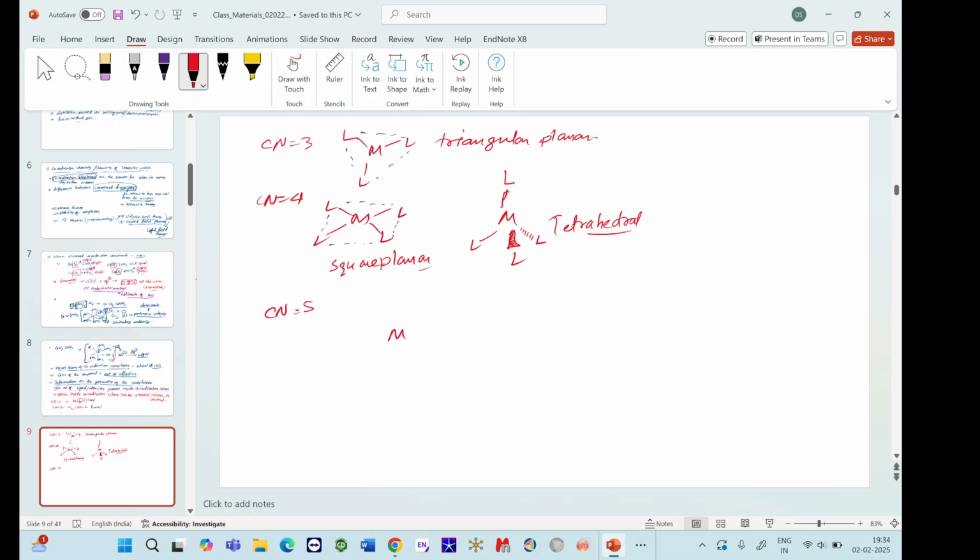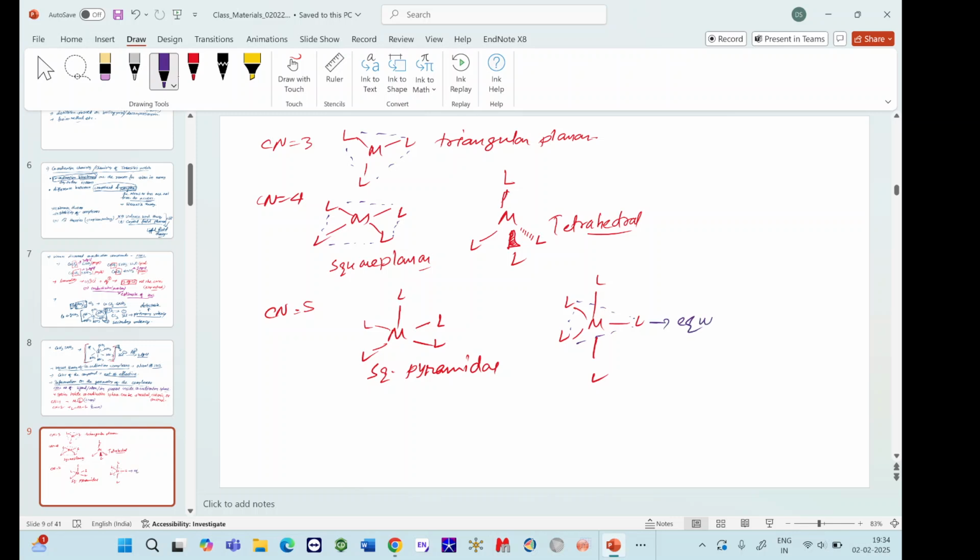CN5, you can have either of this type. So you have a square planar on the plane, and then you have one ligand that is on the top. This is called square pyramidal. And then we can have another one, three on the plane, and then two on the top and bottom. These are called axial ligands. These are called equatorial ligands. This will form a plane.